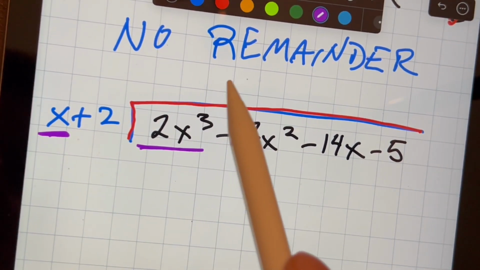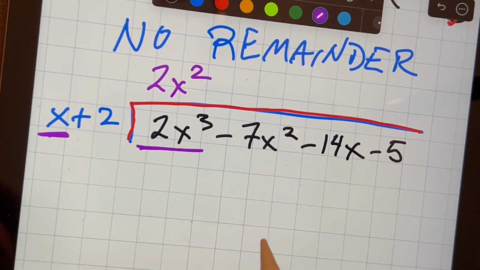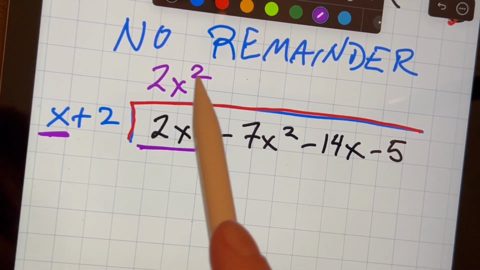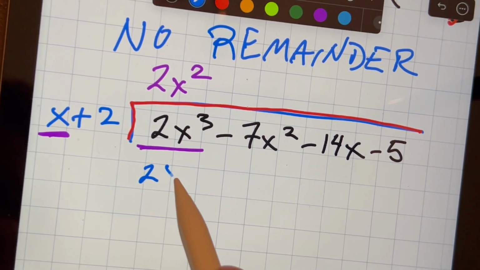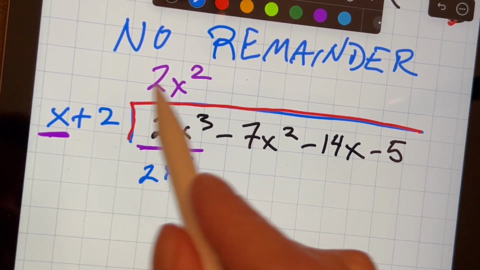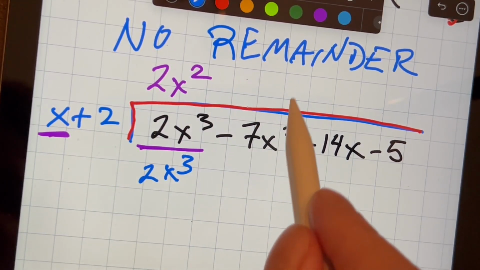We multiply by 2x squared. 2x squared times x is 2x cubed, and you put it here because this is just like division.